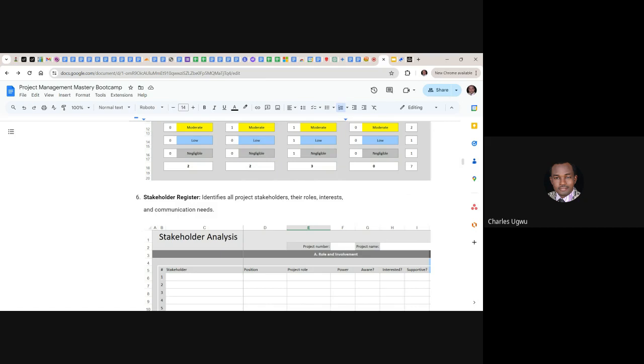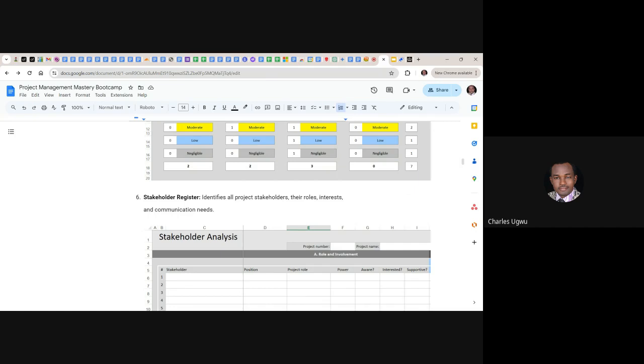We have influential stakeholders in a project, then we have stakeholders with no influence, low influence stakeholders. We have stakeholders that have high interest in your project. We have some stakeholders who don't even care about what you are doing, but they are still stakeholders. So you need to identify all these stakeholders, and when you identify them, you start grouping them.